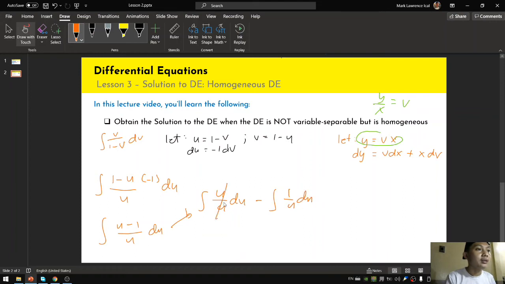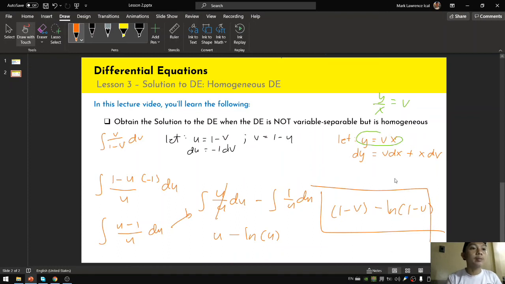So, this one, cancel out. Okay, so it's going to be u na lang yan. Ito naman is minus ln of u. Okay, and since we already know that our u is 1 minus v, it's gonna be 1 minus v minus ln of 1 minus v. Okay, so yeah. Oh wait, plus c.